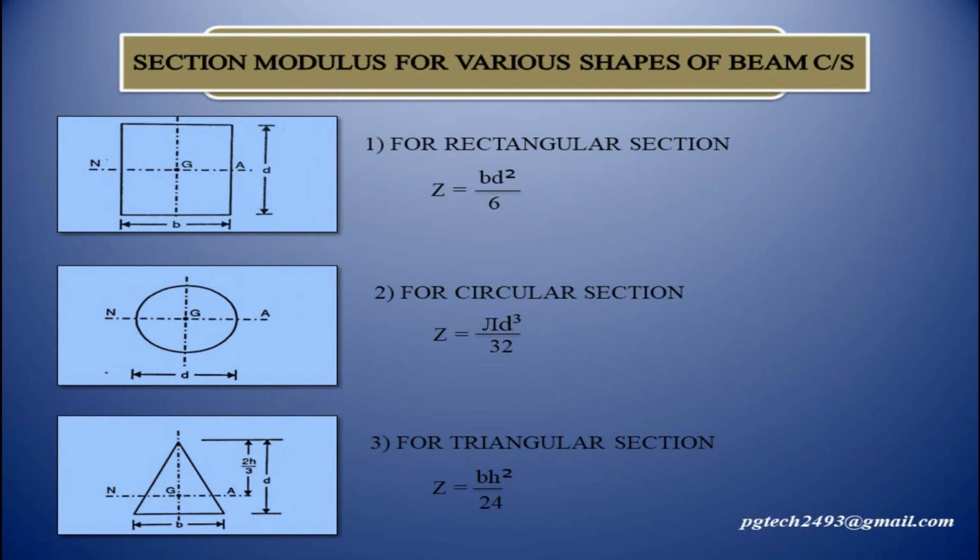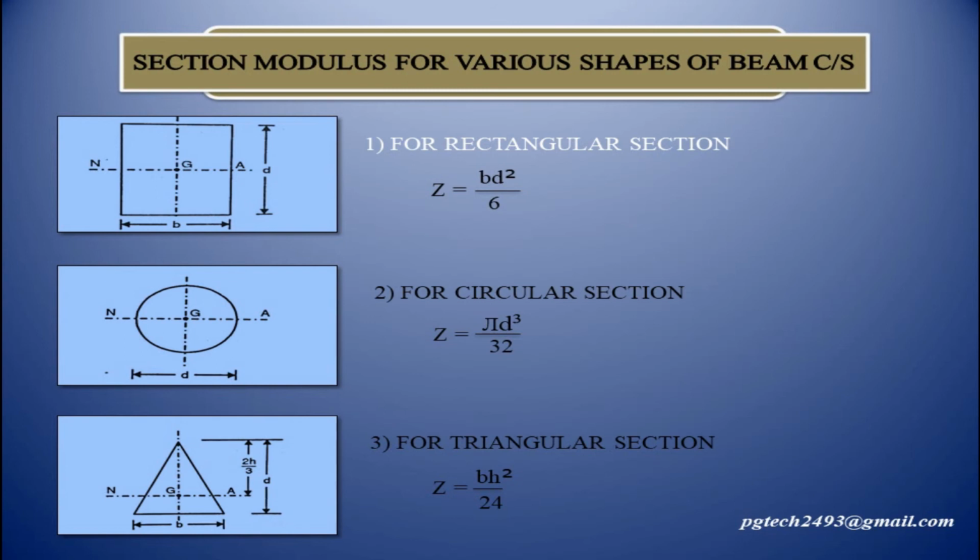Section modulus for various shapes of beam cross section. For rectangular section, moment of inertia about an axis passing through its center of gravity and perpendicular to the plane of bending, that is through the neutral axis, is I equals BD cube by 12.